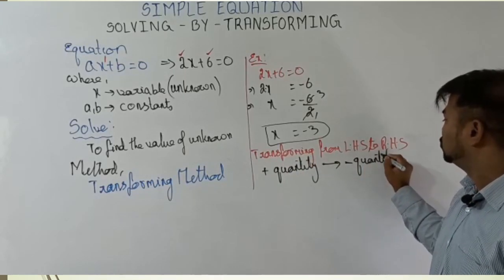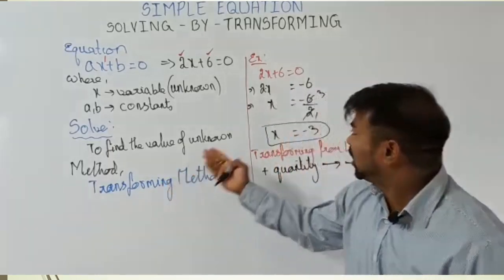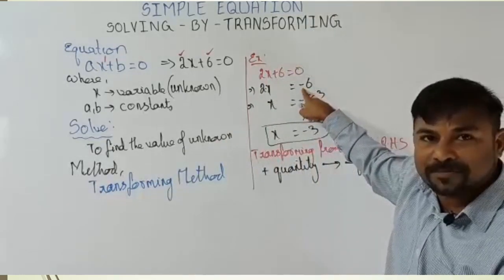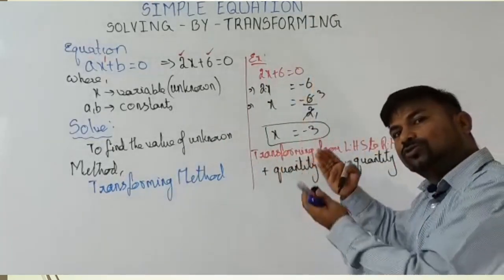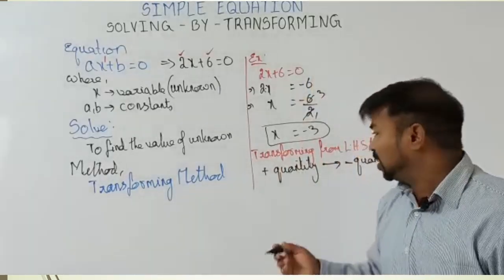These are the things you are supposed to remember while working with transforming. That's what I have done. If you check here, the +6 went to the other side and became minus. In the same way, a plus quantity transformed to the right hand side becomes a minus quantity.